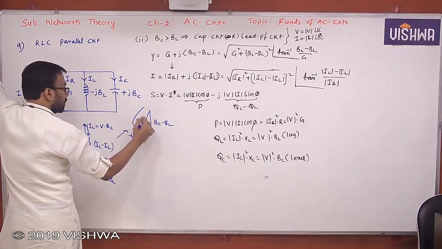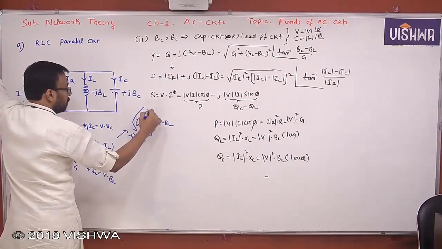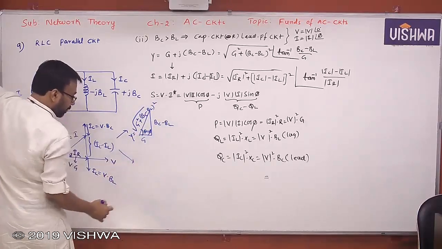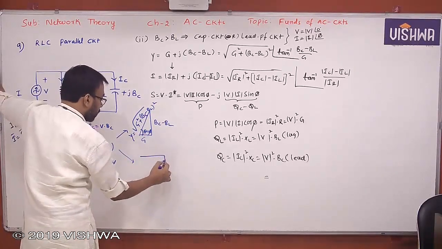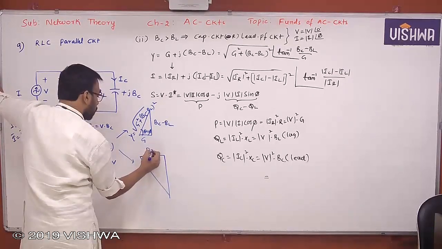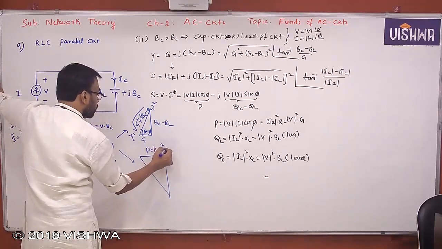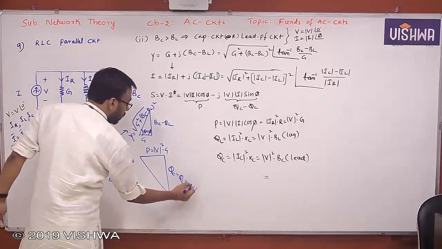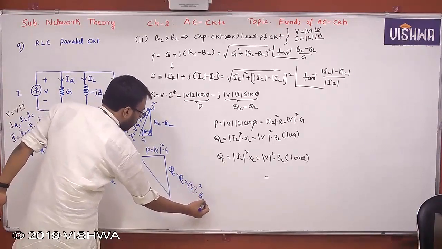G square plus (BC minus BL) whole square. For a capacitive circuit, the power will be in the fourth quadrant. So P is V square into G. QC minus QL is nothing but V square into (BC minus BL).